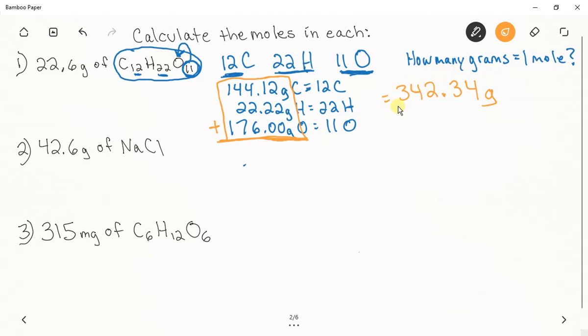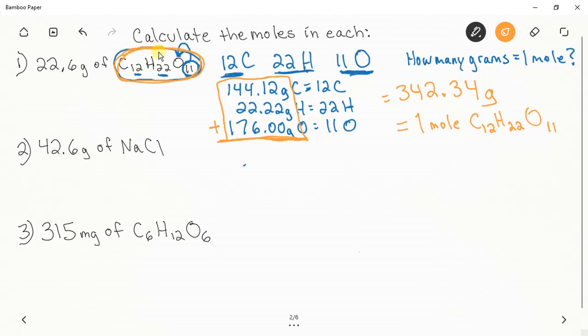So what does that mean exactly? What does this 342.34 grams number mean? That means this 342.34 is 1 mole of C12H22O11, which is in our original problem provided for us.